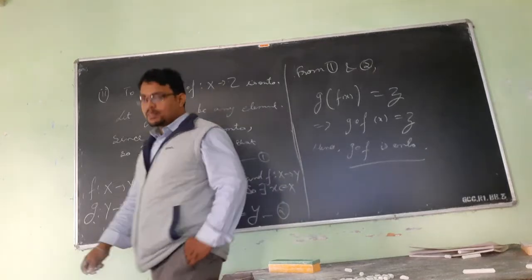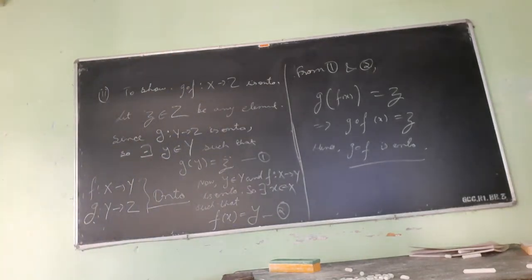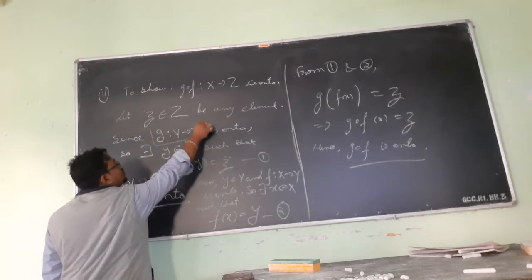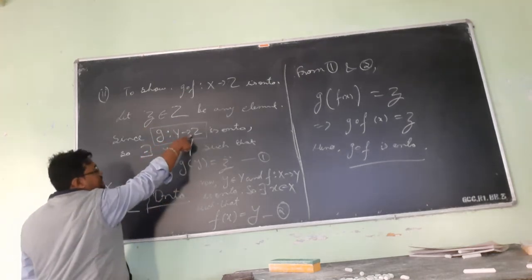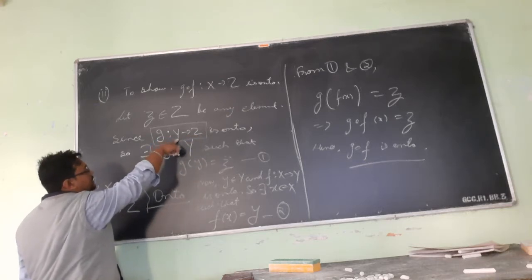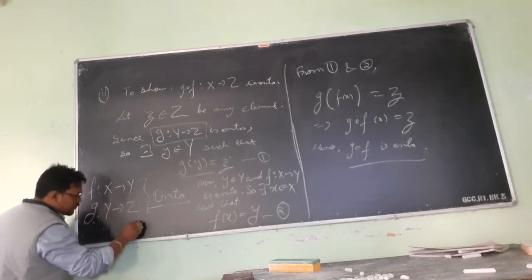Very simple. Just apply the definition, step by step. Start with an element z. Use the fact that this is onto. So since this is onto, for this z we will get an element y inside capital Y which satisfies this. So we started from here.